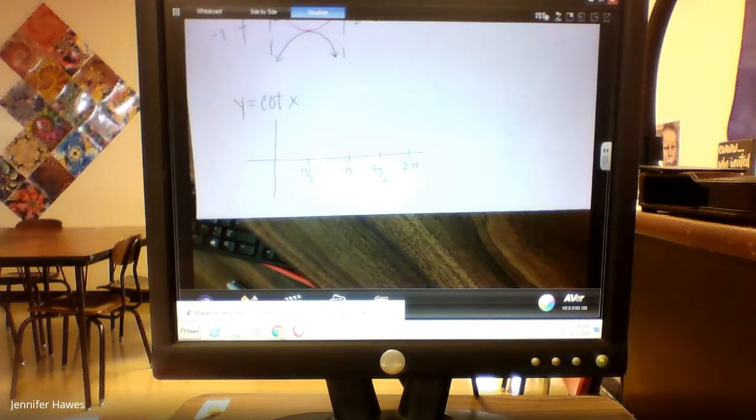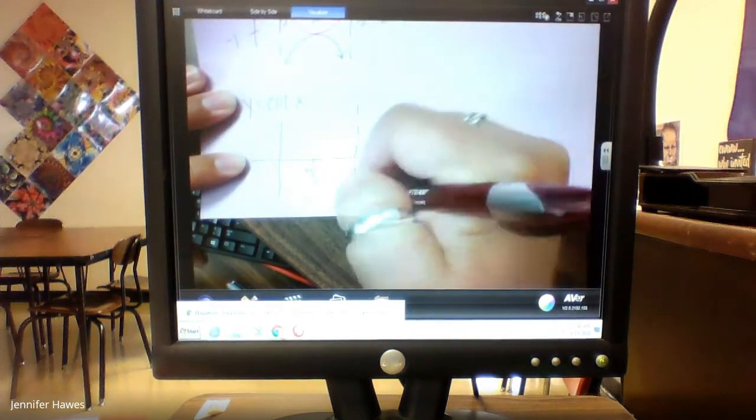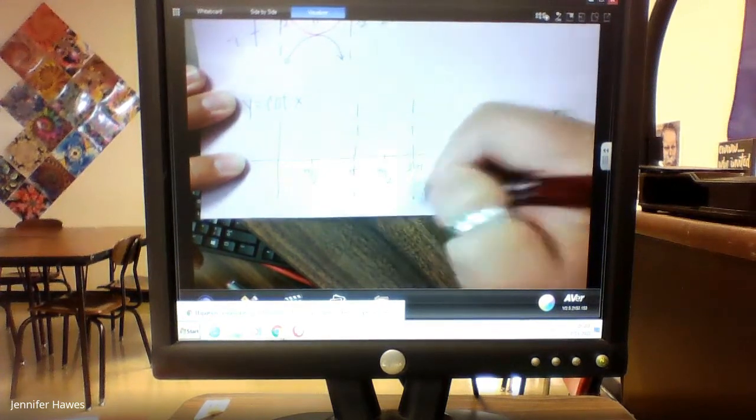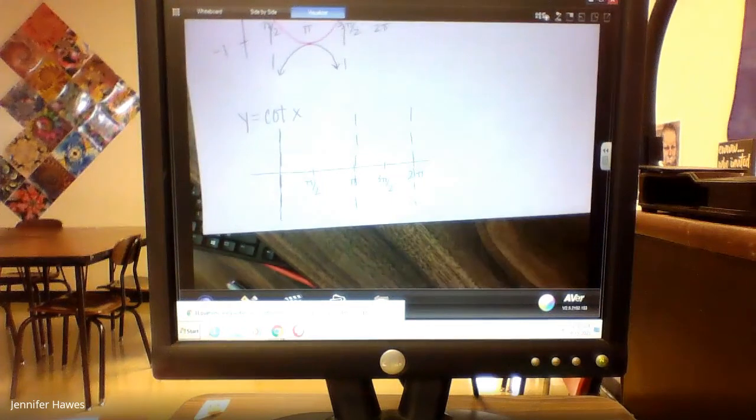Okay, so when you flip that over, that's going to become a 0. So now where you had zeros before, that's where your asymptotes would be. So on this one, now your asymptotes are going to be on multiples of pi.